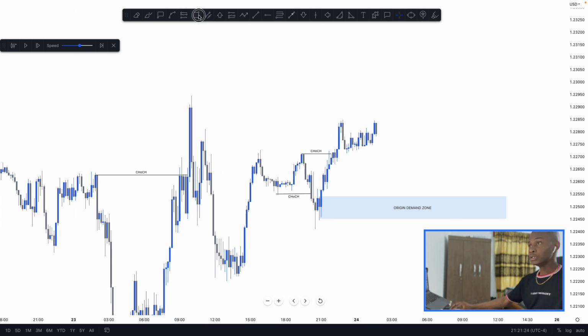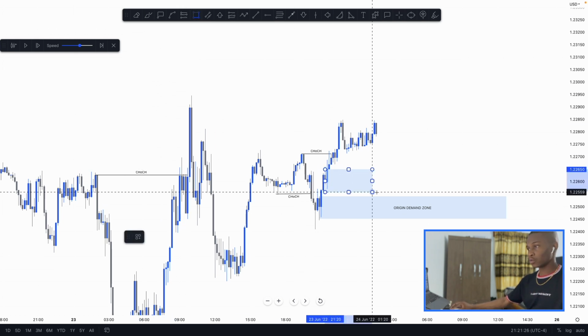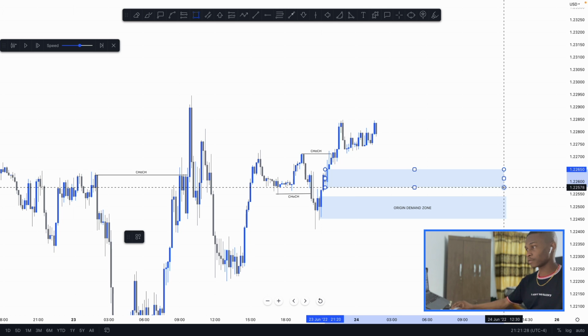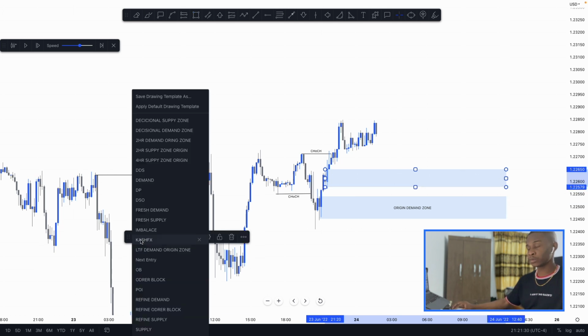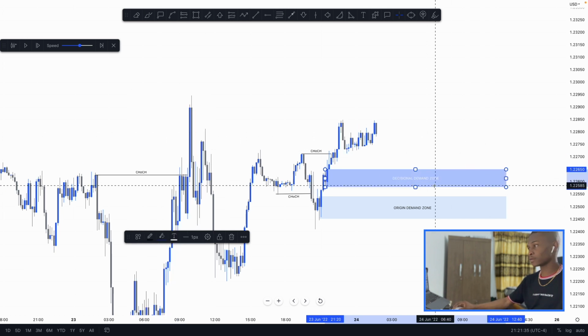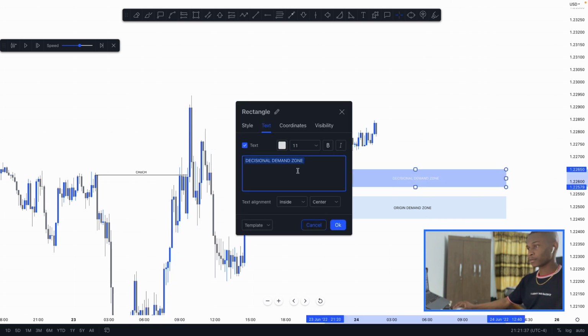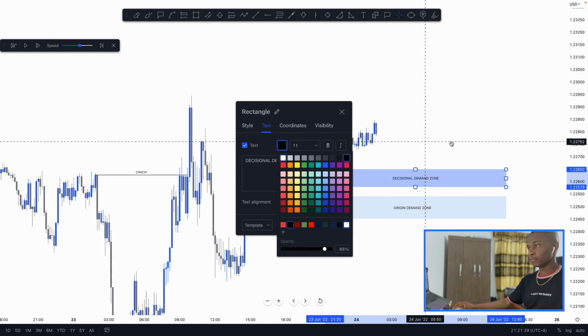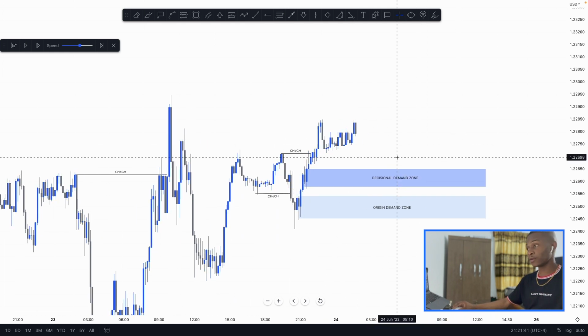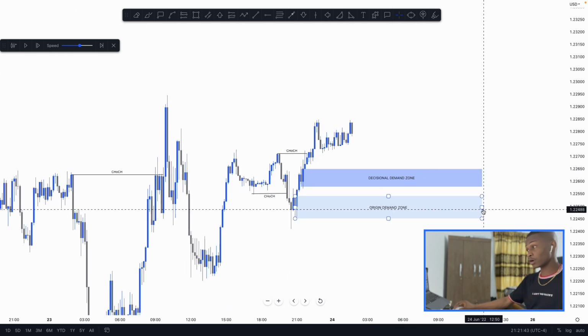This other zone wouldn't be an origin, it would have been a decisional demand zone right here. But the main zone in focus was the origin.